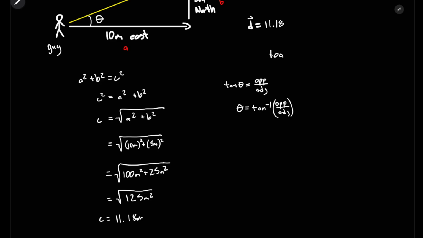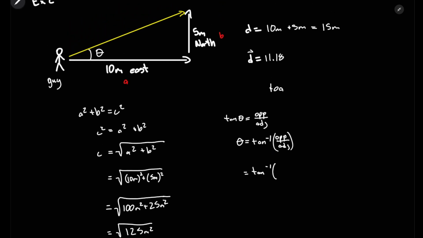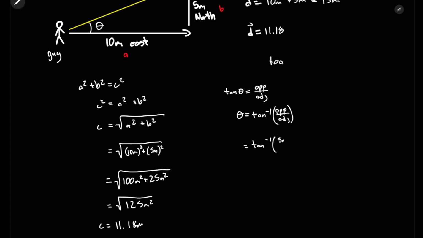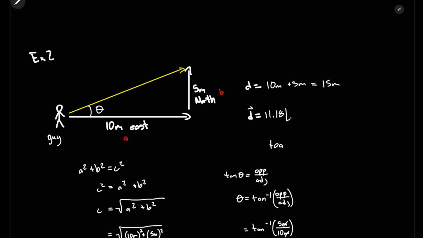So our y component over our x component, which is equal to tan inverse of our y component, 5 meters, again including the units, over 10 meters. Now we're just doing division here, so we can cancel out the units because they divide each other out. And then our answer here is going to be 26.57 degrees. Yay, we got our direction.